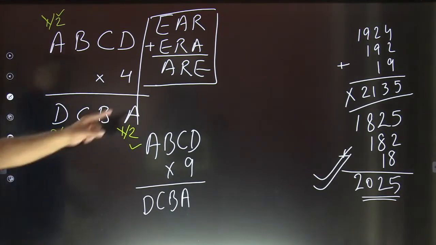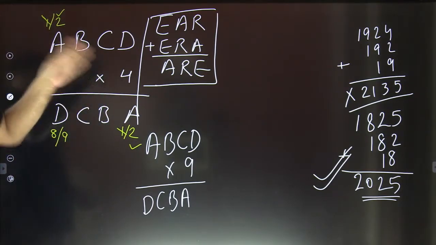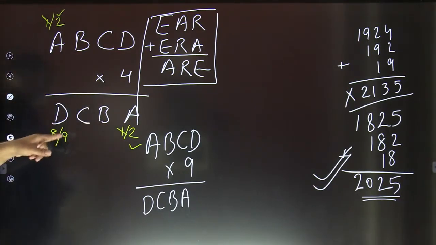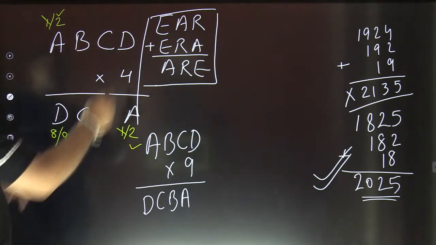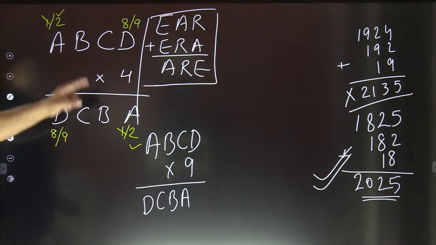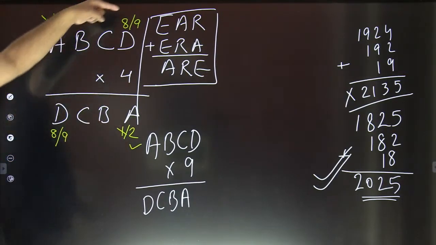Is it clear? So 4 into 2, the value of D must be 8. Or if there is some carry from the previous part, then carry cannot be more than 1 because D cannot be more than 9. So 8 or 9 are the possible values of D now. Is it clear? So same, whatever D is here, the same D is here. Now we need to see if 4 multiplied with 8 will end in 2 or 4 multiplied with 9 will end in 2.